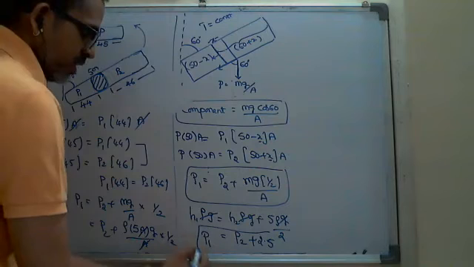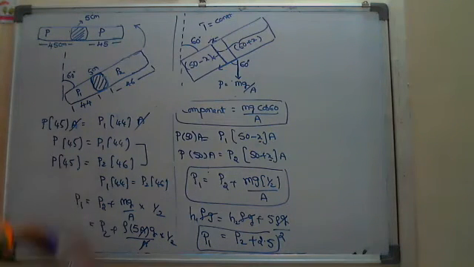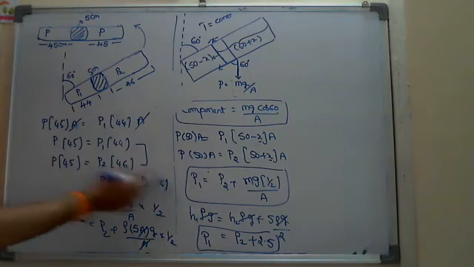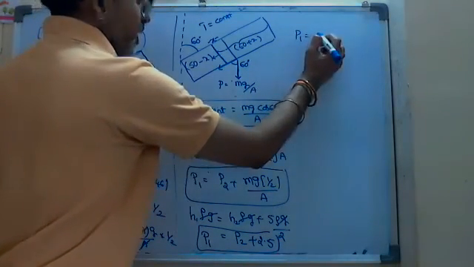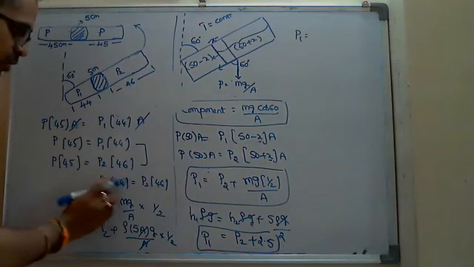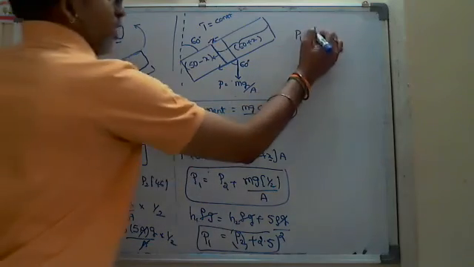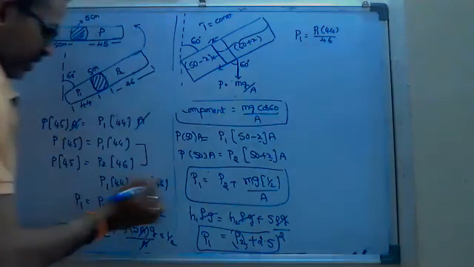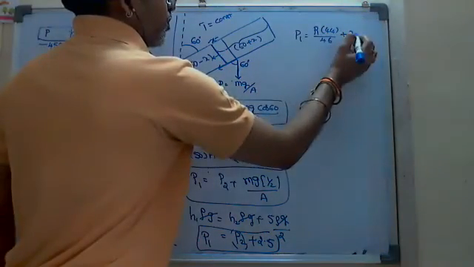Okay. See here, you can find out the P1, P2 relation, either P1 or P2. P2 is equal to P1 into 44 by 46, then you will get the P1 value. In place of P2, I am going to substitute P1 into 44 by 46 here from this equation, plus 2.5.